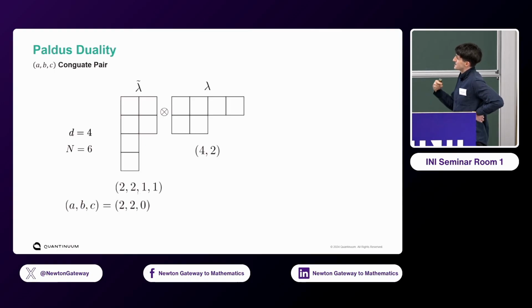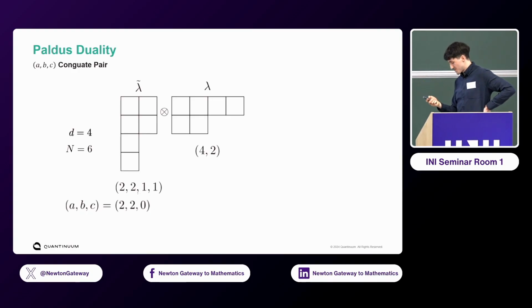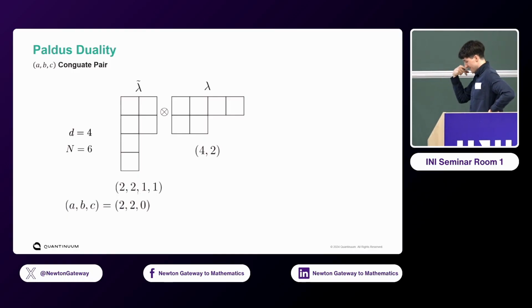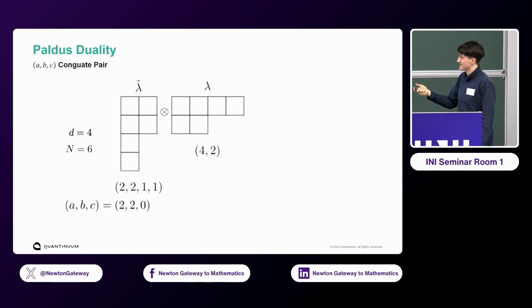We can see that this is a partition of at most 2 columns, where we have 2 rows, 1 row, 1 row. And we can represent this as a 2, 2, 1, 1 partition. And then if we let the number of 2 partitions equal A, the number of 1 partitions equal B, and the number of empty partitions equal C, we can reindex this as ABC, 2, 2, 0.